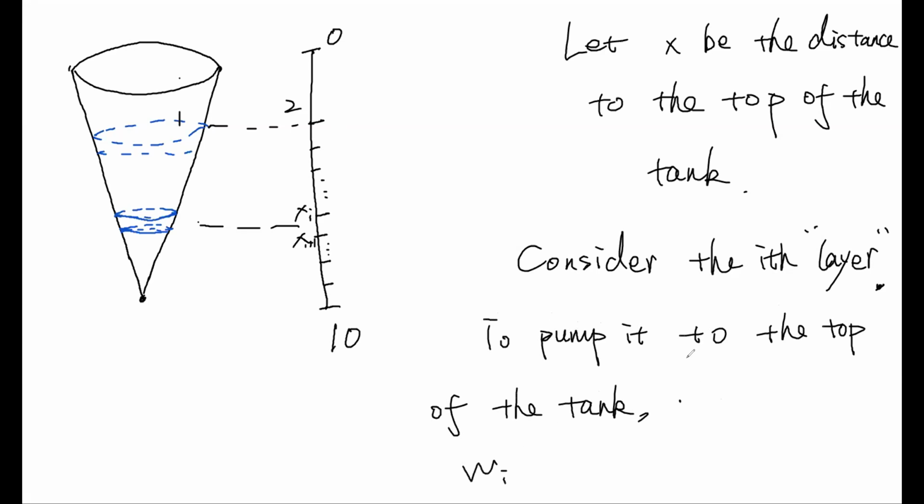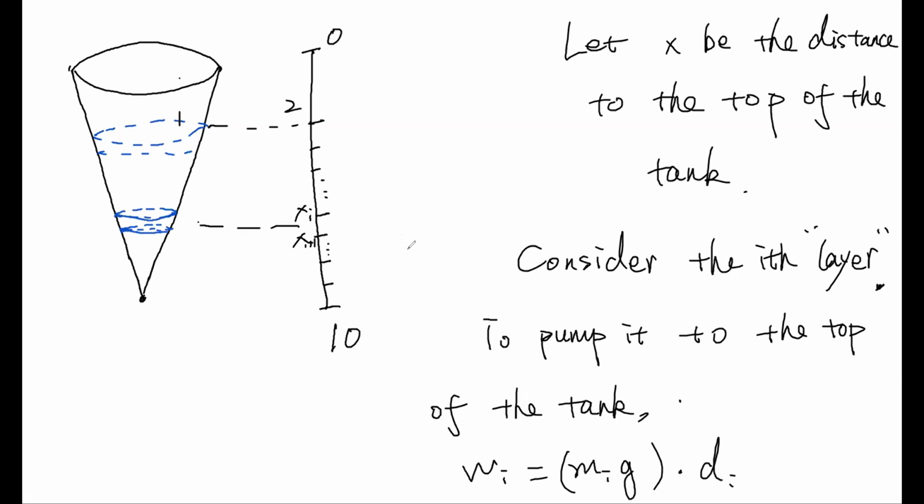the work needed to pump this layer to the top of the tank is given by, again, m times g. This is the weight of the ith sublayer, and I use m g here because it's measured in kilograms this time, multiplied by the distance the ith sublayer traveled.